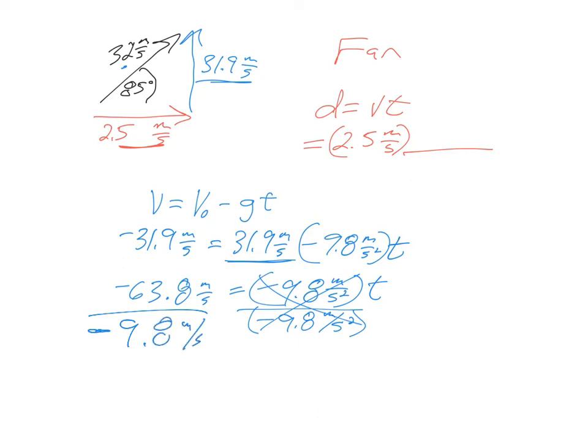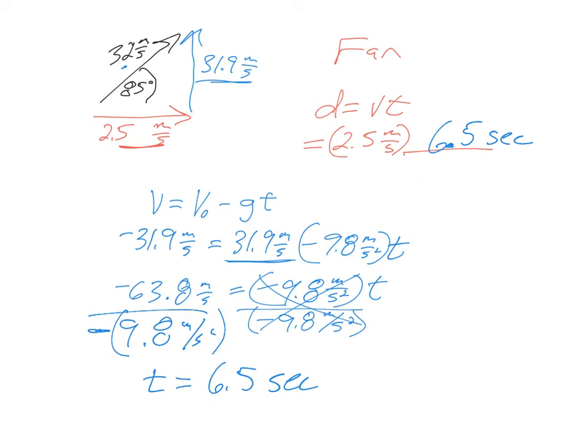Negatives are lining up, so I get a positive time. 63.8 divided by 9.8, and I'm going to get a time of 6.5 seconds, which now goes up here.